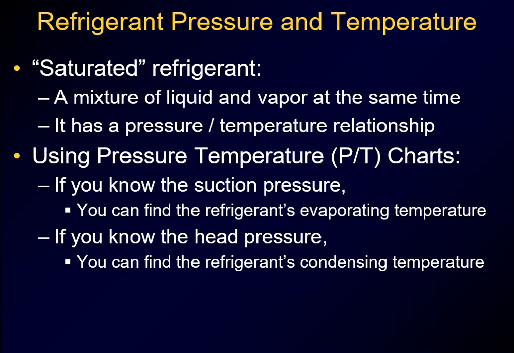So we mentioned last time a saturated refrigerant, which means there is a mixture of liquid and vapor at the same time in the system. When we get more into the nuts and bolts of what happens inside of the evaporator and the condenser, you'll see that's where those saturations happen.